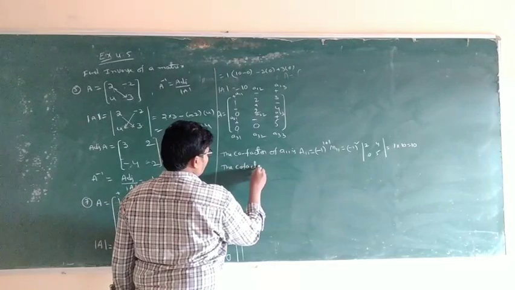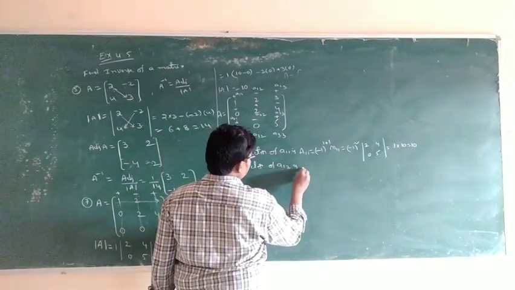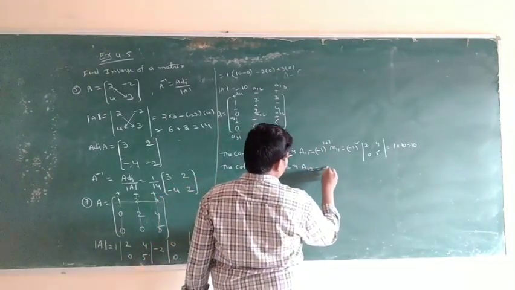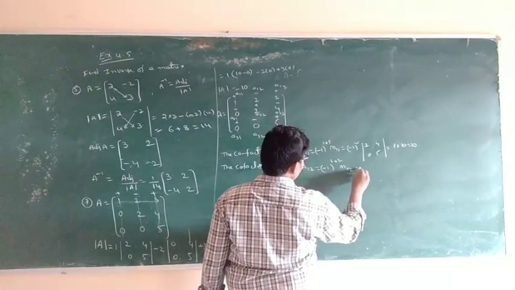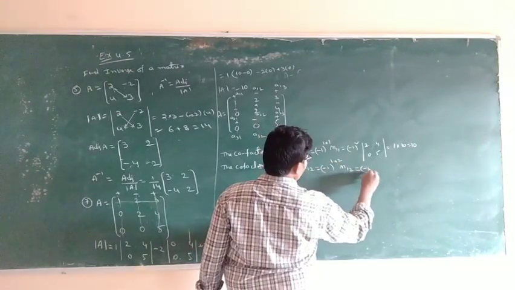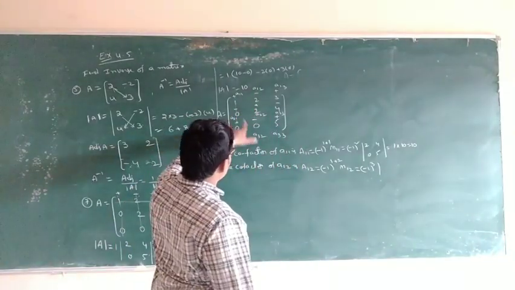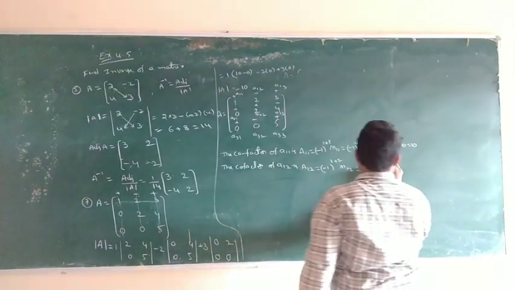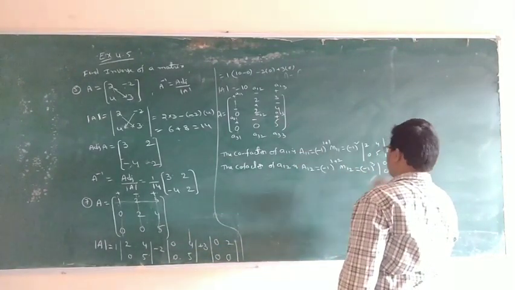Next, same way, the cofactor of A12, capital A12, is equal to minus 1 whole power 1 plus 2 into M12. So minus 1 whole cube into the determinant after deleting the corresponding row and column, 0 4 0 5, so that is equal to 0.